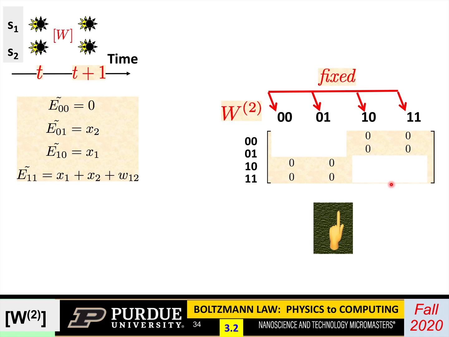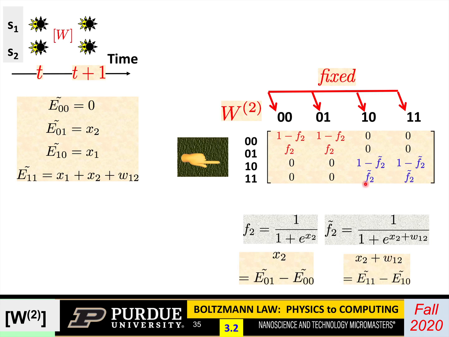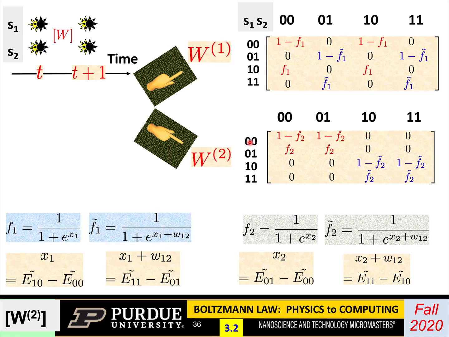It's either 0 or 1. And so you can go ahead and fill them up. Again, much the same principles, but now the energy differences involved would be, in this block, between 0, 1 and 0, 0. In this block it would be between 1, 0 and 1, 1. But it's the same pattern, 1 minus F and F. So this would be then the transition matrix for updating neuron 2, keeping 1 fixed.